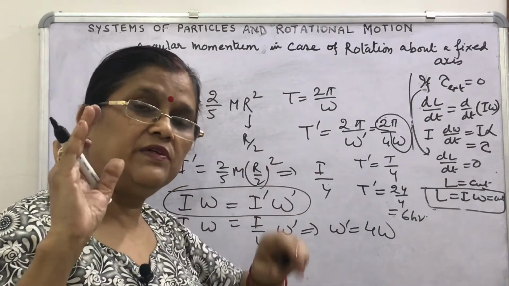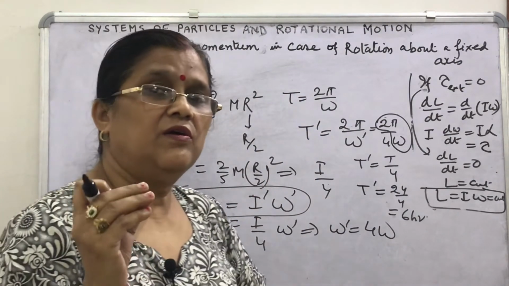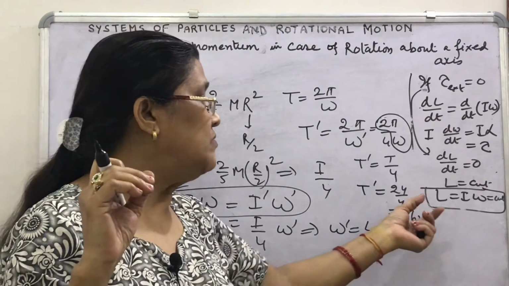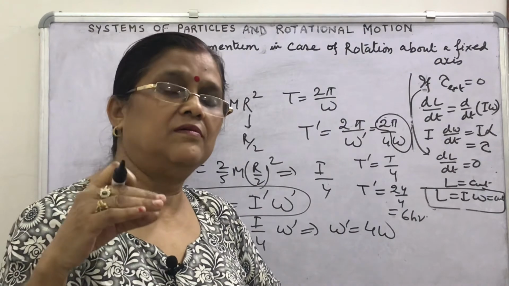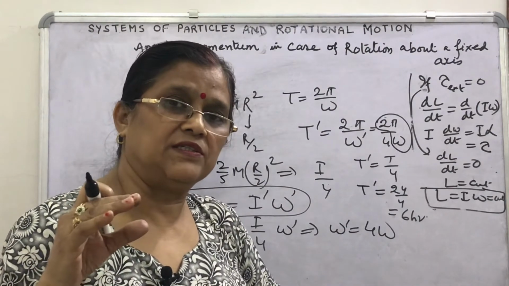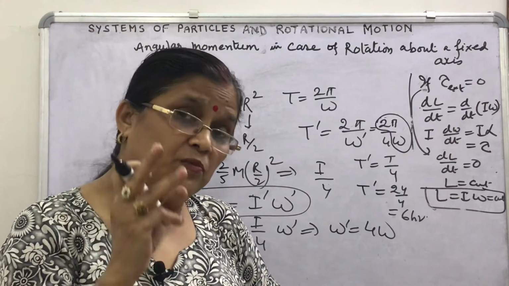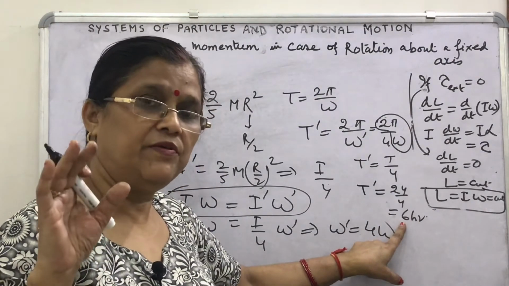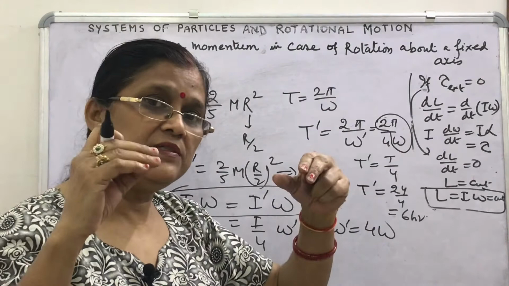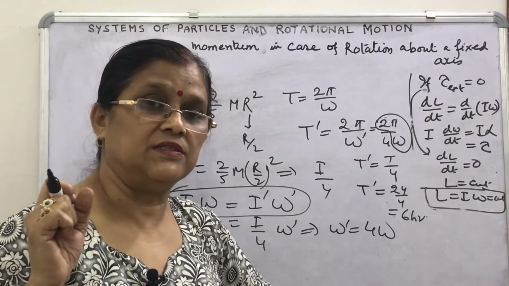So in such questions, relate the logic: what is the principle behind the particular question which is asked? Look at both the questions. Here the duration of the day becomes 1/4, and if the ice melts then the duration of the day will increase.